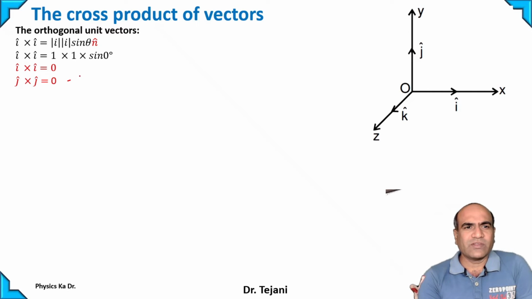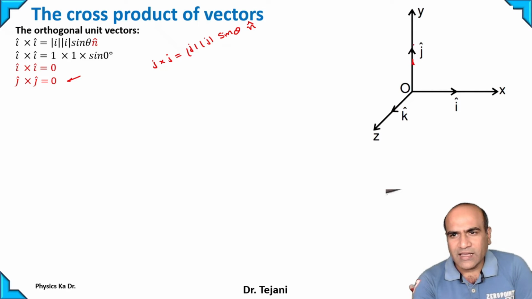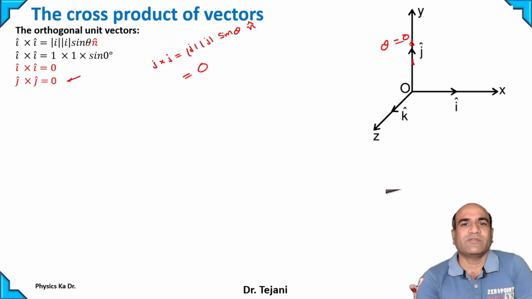Similarly, we can derive for j cross j. We know that j cross j is equal to |j||j| sine theta and the direction. The angle with j is 0, so theta becomes 0 and sine theta becomes 0. Therefore j cross j is 0.